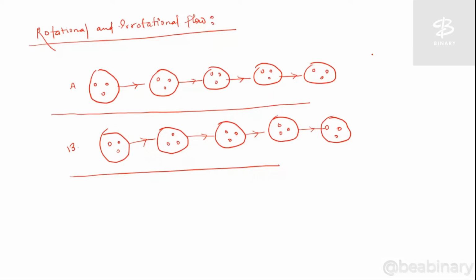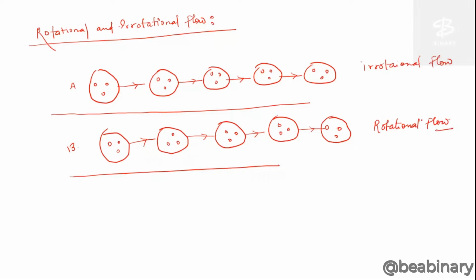So the first one is an example of irrotational flow, and the second example is rotational flow.